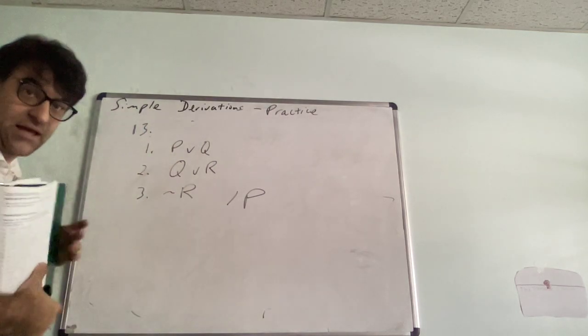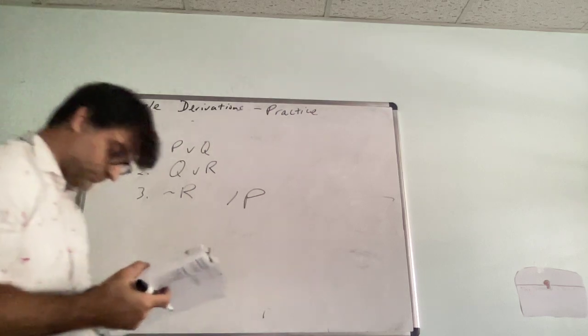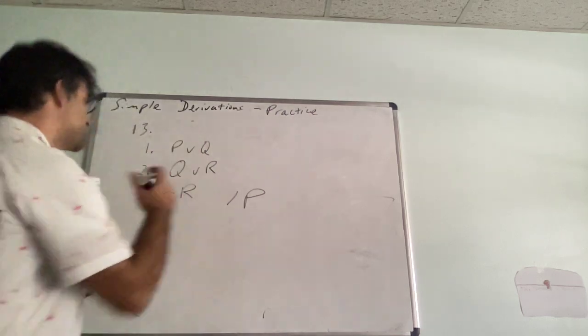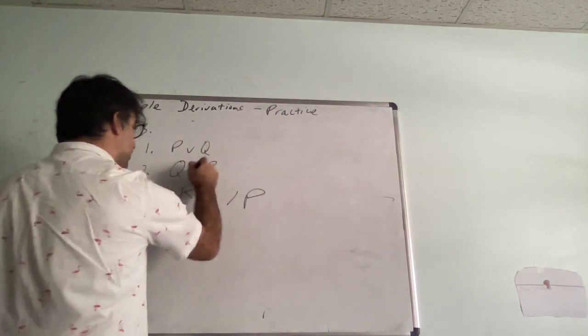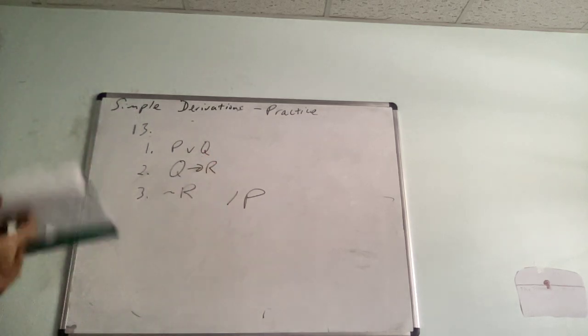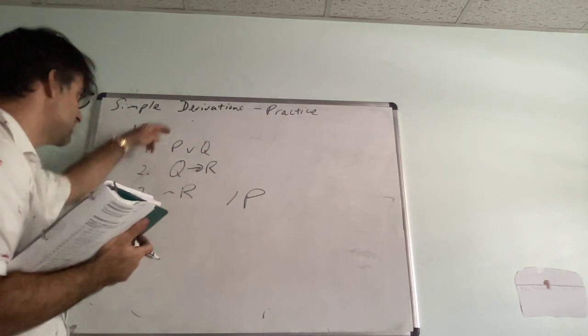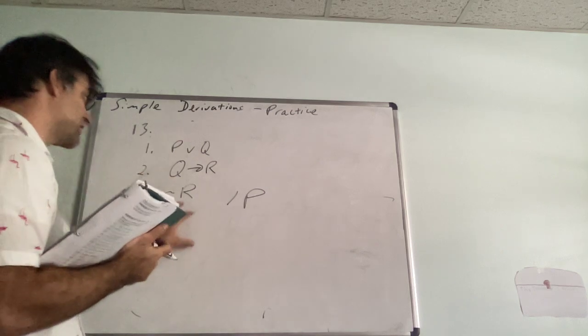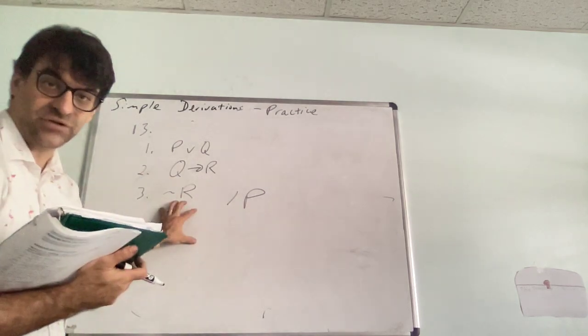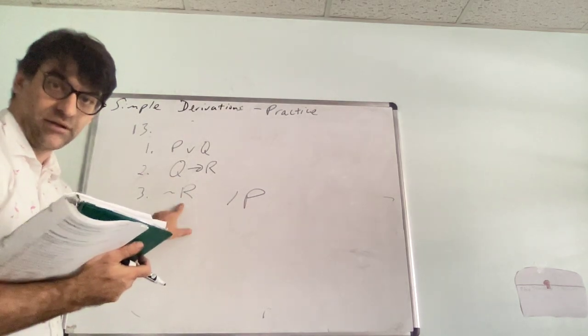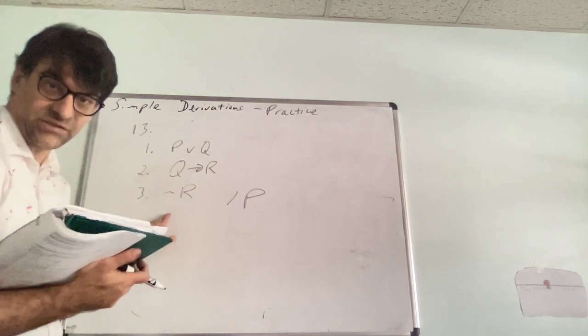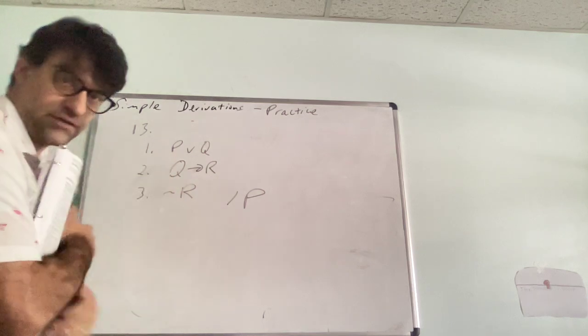Sorry, this is Q arrow R. This gives us our mix. So you've got some arrow statements, an OR statement, and you're looking for half of it, affirmed or denied. Aha, not R. So these are the two you're zeroing in on.